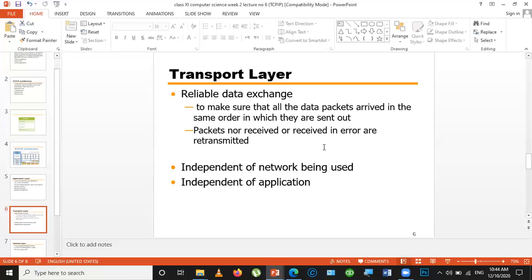As we already know, there are some acknowledgements we can see if we are using an application like WhatsApp. When we send some data from our mobile, once the data has been sent, one tick appears on our message. Then when another person receives that data, another tick appears on our mobile.